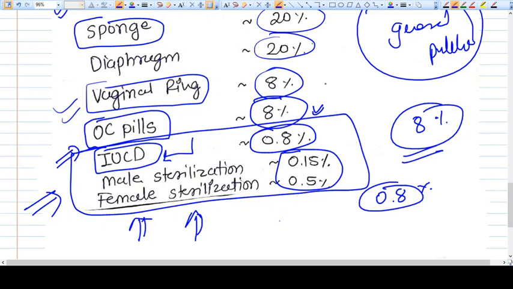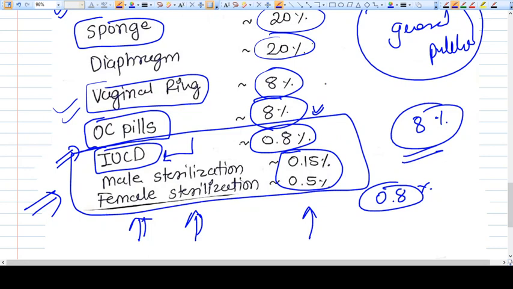The female does not have to get motivated every time. If you have done male or female sterilization, then the effectiveness is very high, because it is done. Once the contraception is done, the motivation and dedication of the patient have no role in these contraceptive methods. That's why their Pearl index is very low.